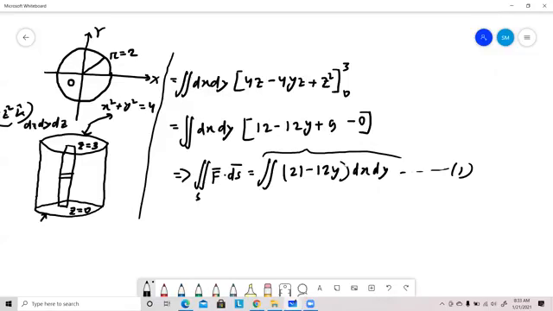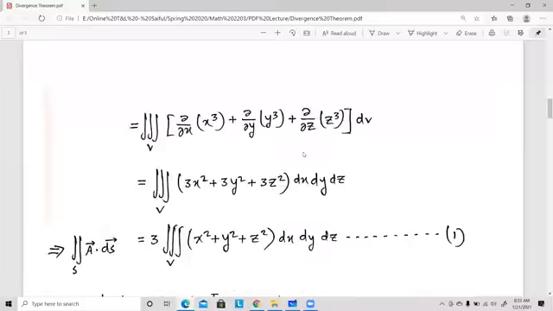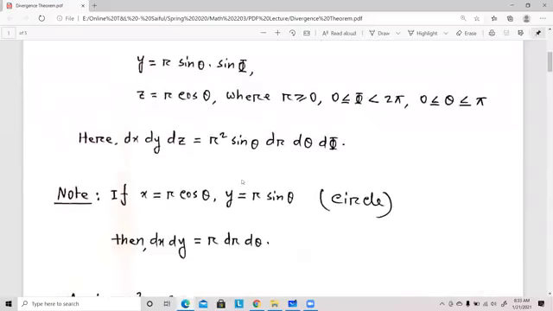Okay, and we came to know the parametric equation of a circle that we already read: if the geometry is a circle, x equal to r cos theta, y equal to r sin theta, and dx dy equal to r dr d theta. And we know theta and the range of r.